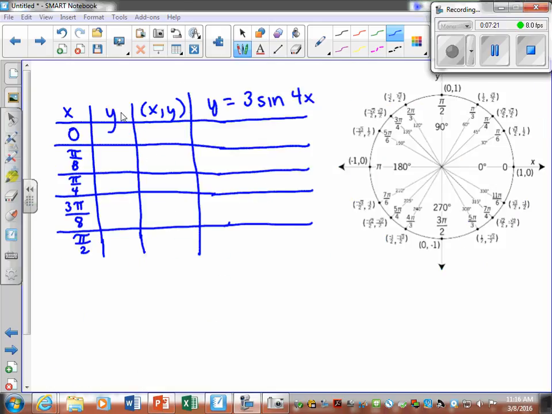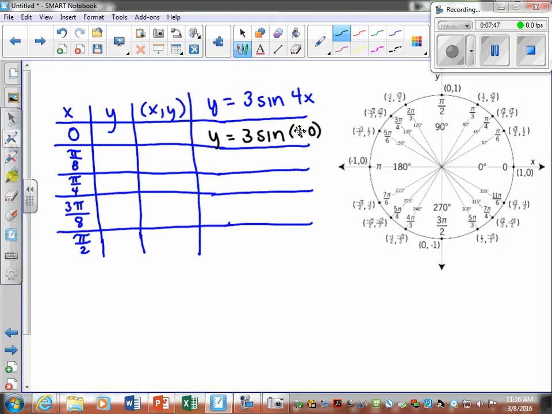Alright, with filling out this chart, remember we'll evaluate x, find y, plug it in as an ordered pair, and we evaluate that in the function that was given, which is clearly not our parent function. So let's evaluate y equals 3 times the sine of 4 times 0. Well, what is 4 times 0? 0, good.